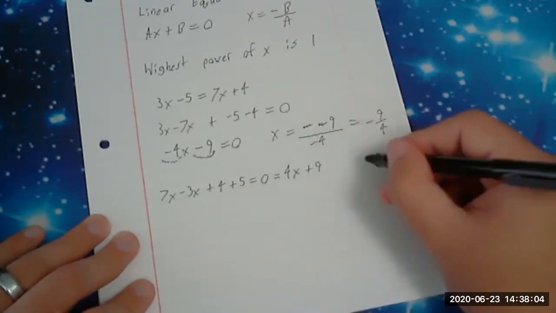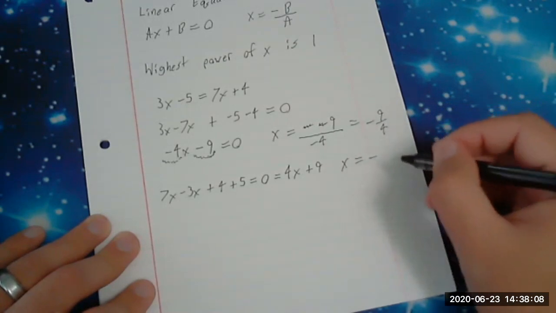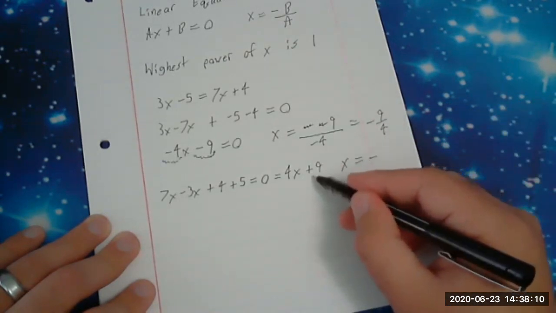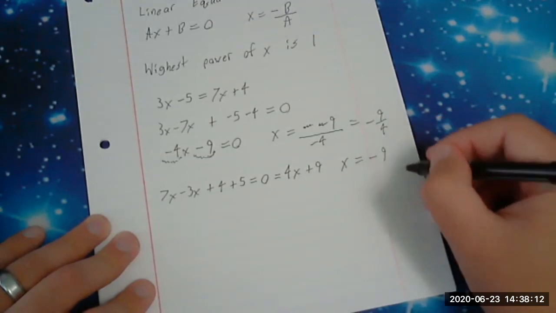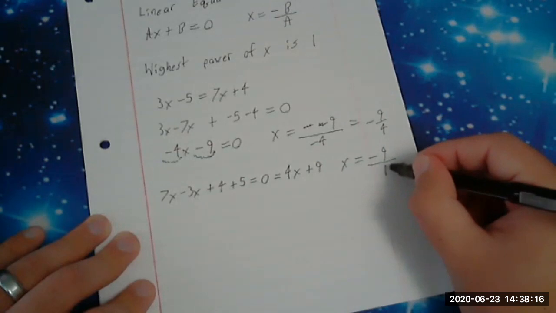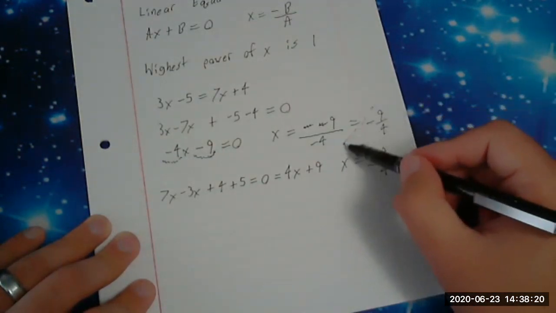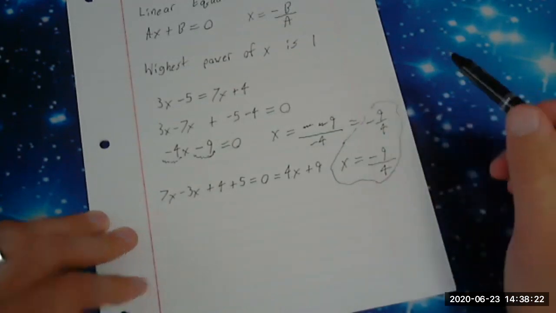So again, x equals negative b, which in this case now is plus 9, so negative 9 over 4. So we get the same answer no matter which side we pull it to.